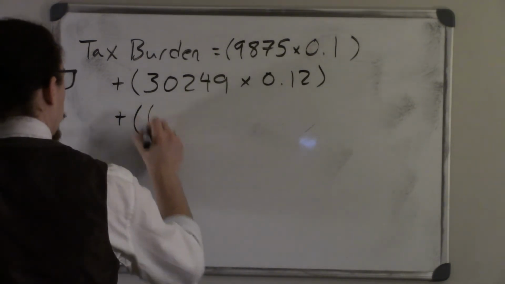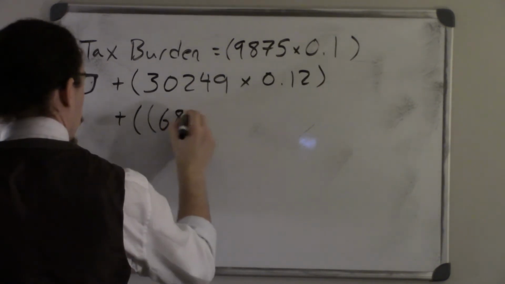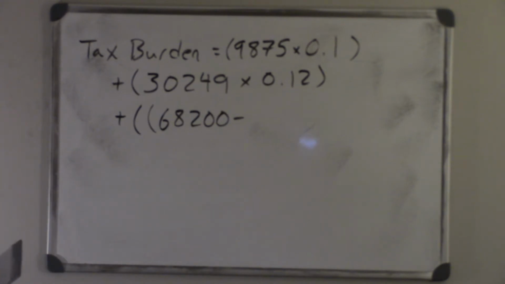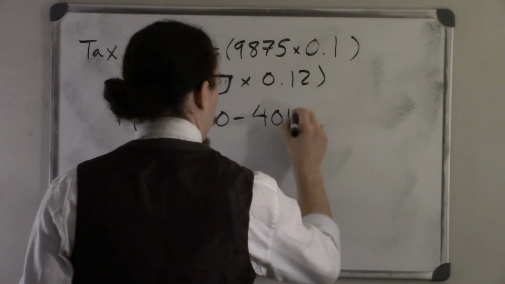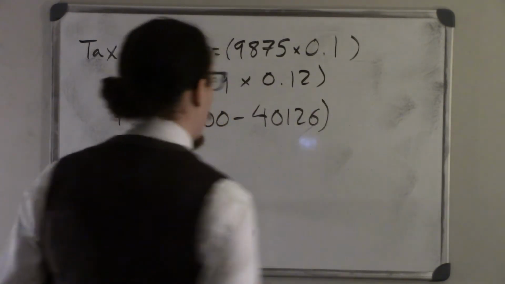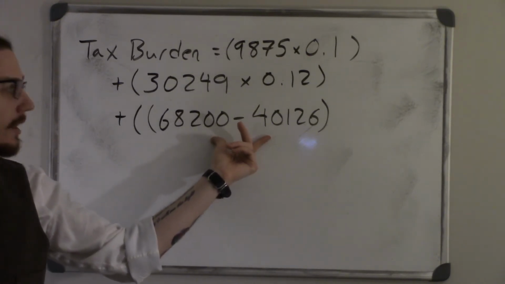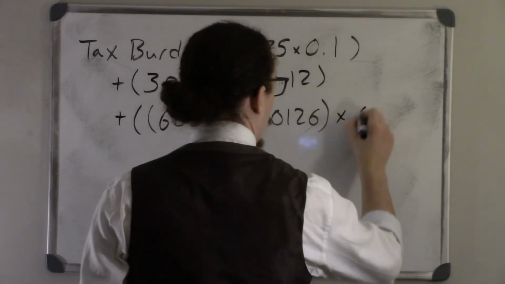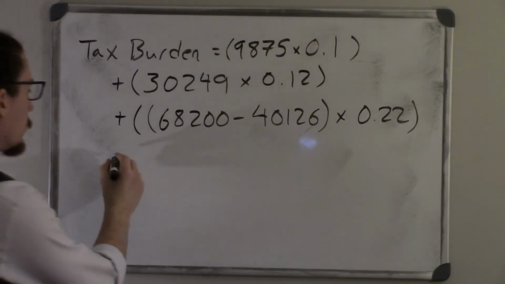What we're going to do instead is take our taxable income, $68,200, and subtract the lower end of that bracket, $40,126. This gives us the amount of money that actually falls into that bracket, because only the money that falls into the bracket is taxed at that rate. And the rate in question is 22%, or 0.22.